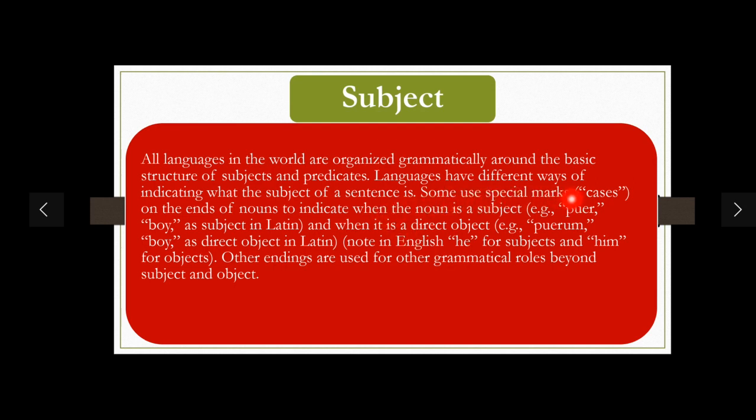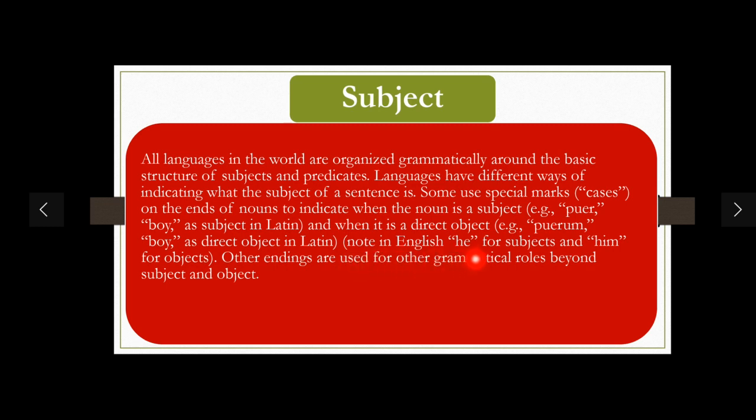Languages have different ways of indicating what the subject of a sentence is. Some use special marks, cases on the ends of a noun to indicate when the noun is a subject. For example, this example is from the Latin language: puer, which means a boy, is a subject in Latin. When it is a direct object, we say puerum. You can see there are special cases for a subject and for an object.